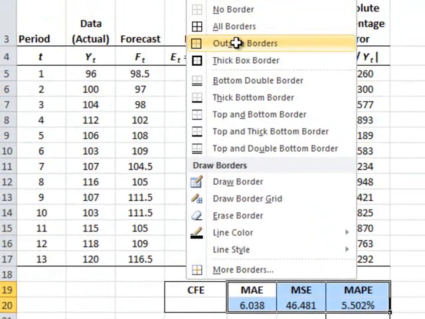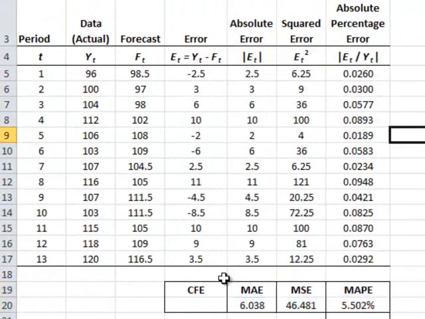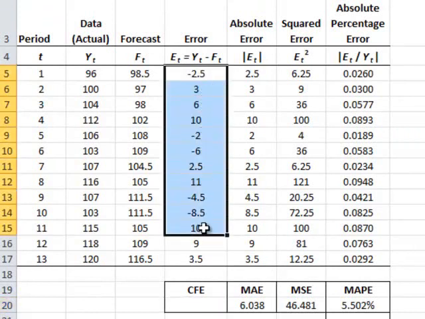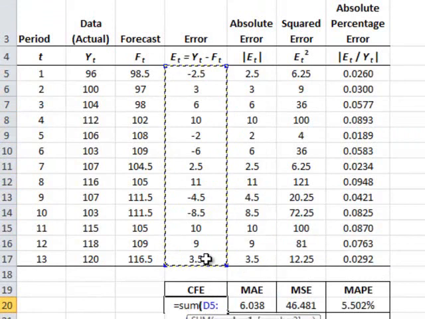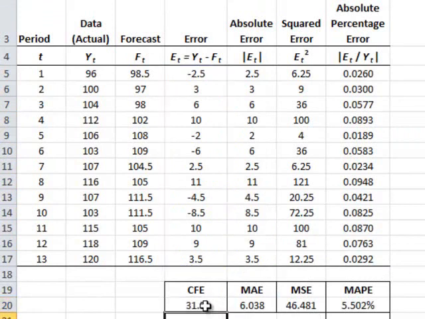Now there's one more measure that we will also look at, and that's the CFE, Cumulative Forecast Error. I have this first column where some of my errors are positive and some are negative. If I just compute the sum of those numbers, I get something called the CFE. What I'm looking for there is to see that over time this number should vary randomly above and below 0.